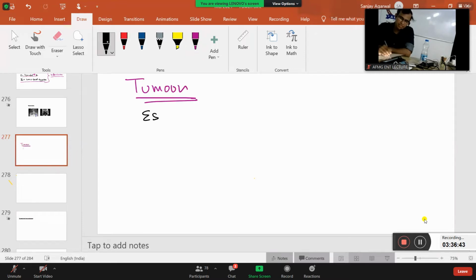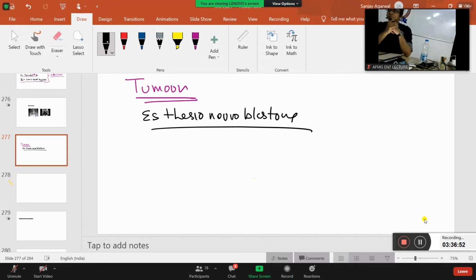This is a tumor of olfactory epithelium.